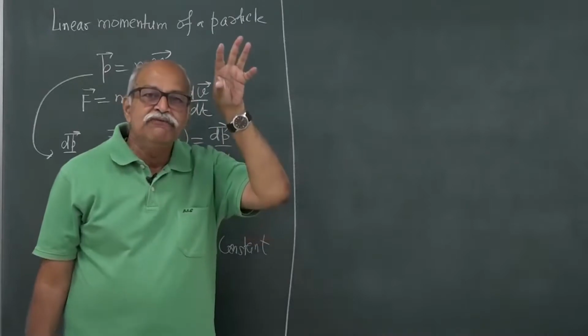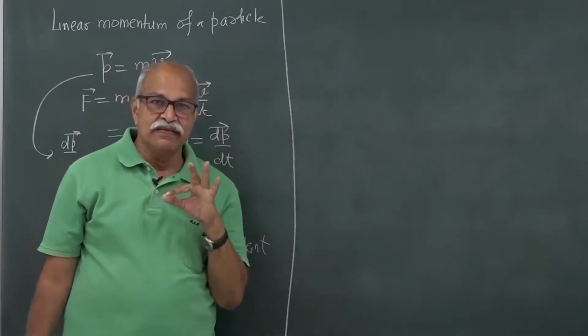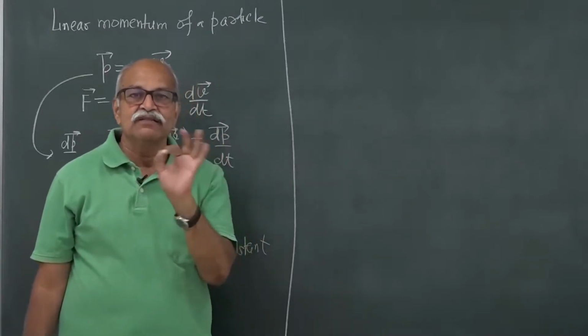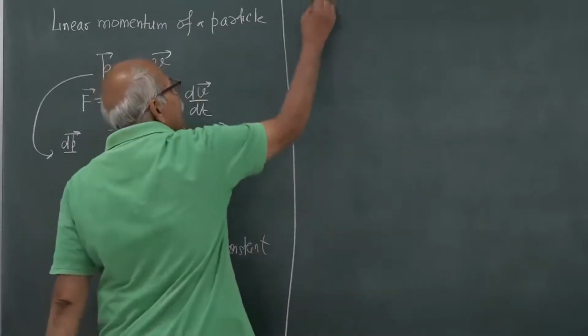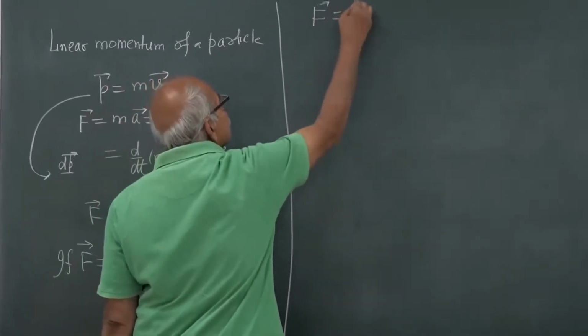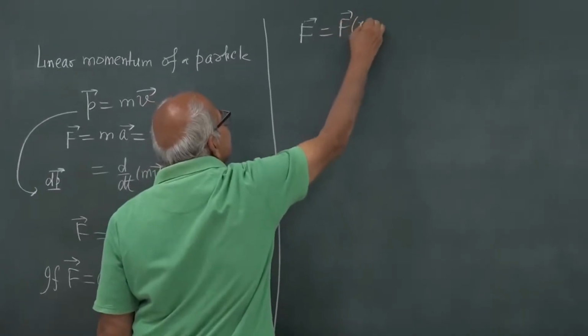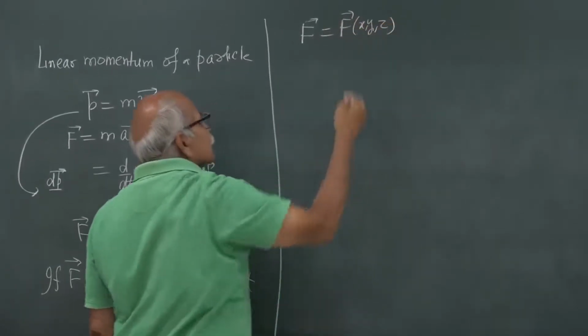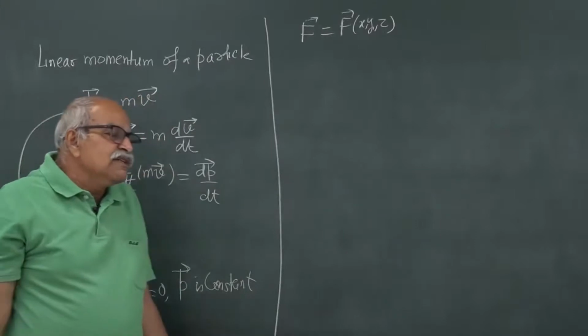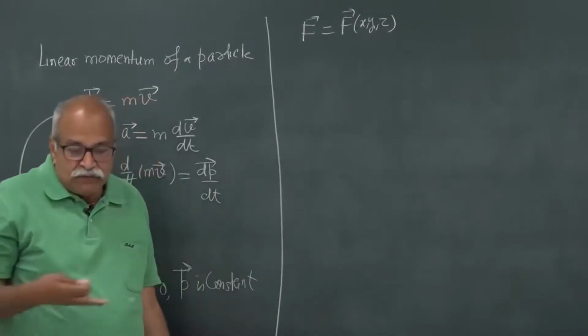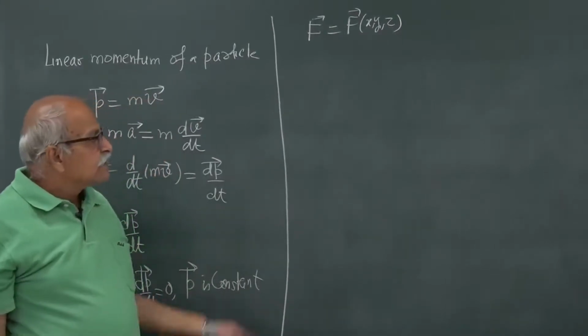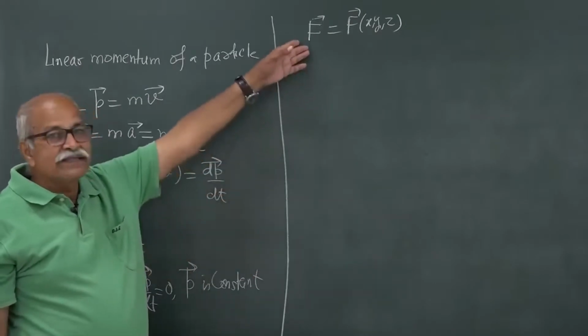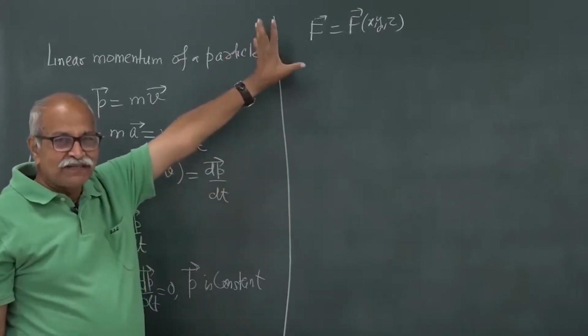If you have a force which depends on a space point x, y, z, force is a function of x, y, z. I am using Cartesian coordinates. Depending on the problem at hand, we can use other coordinate systems, but let us describe our theory in Cartesian coordinates.